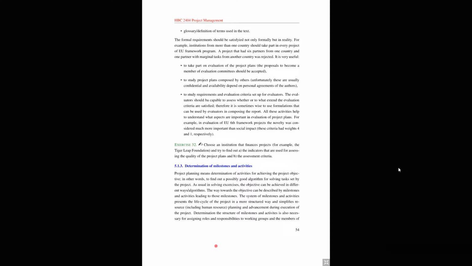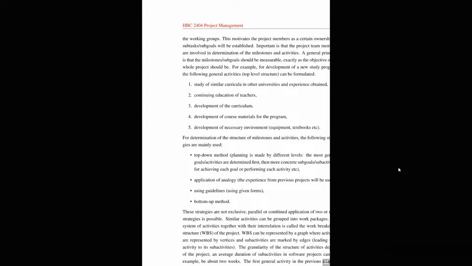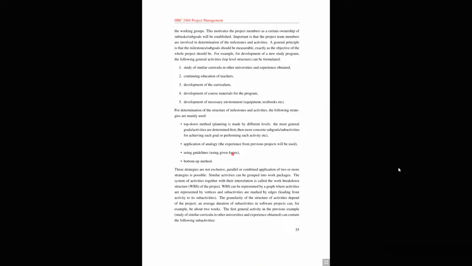So determining the structure of milestones and activities will enable one to assign roles and responsibilities to working groups and the members of those working groups.